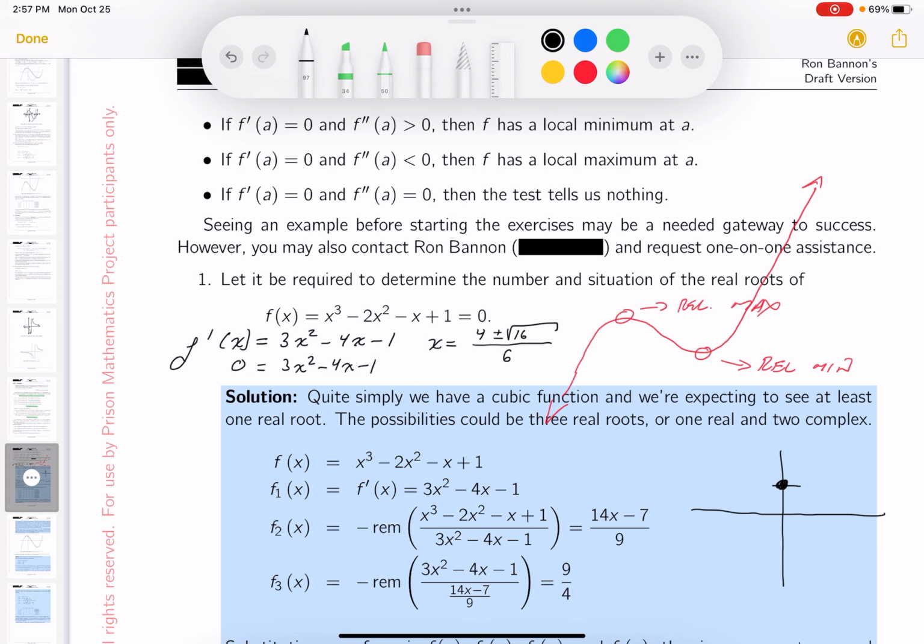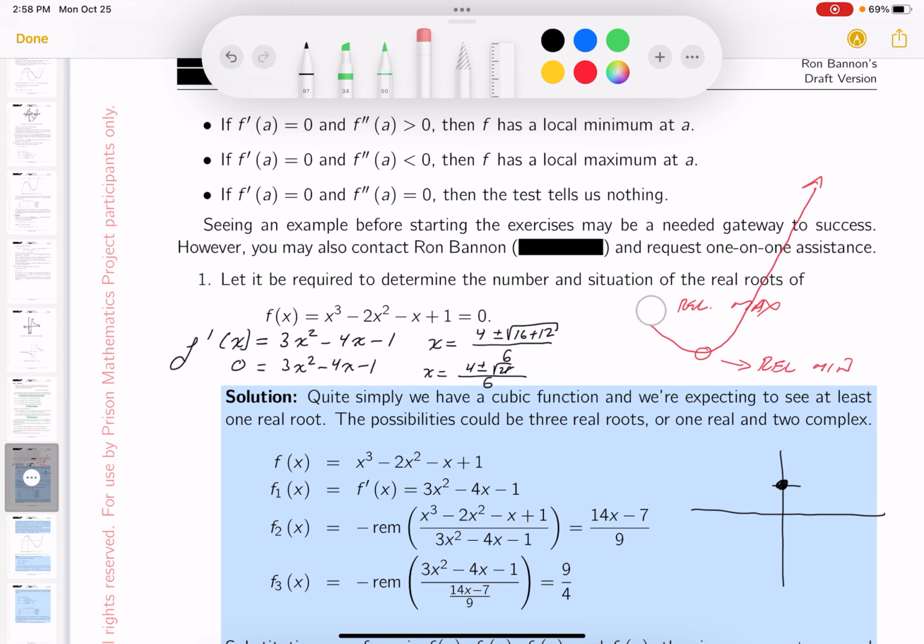Minus 4 times a times c, that's going to be plus 12, right? Okay, let's keep going. x equals 4 plus or minus, well, that's going to be root 28, right? Over 6.